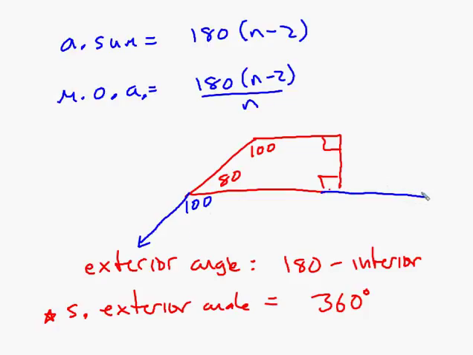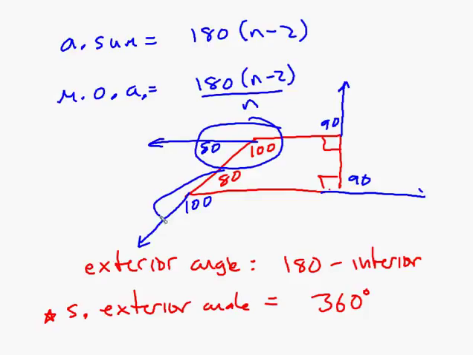If I extend this one out, this one right here is 90. If I extend this one out, this one is 90. If I extend this one out, this one is 80. It has to do with these being supplements. If it's a regular polygon, then it's going to be all the same. But this one's not regular.